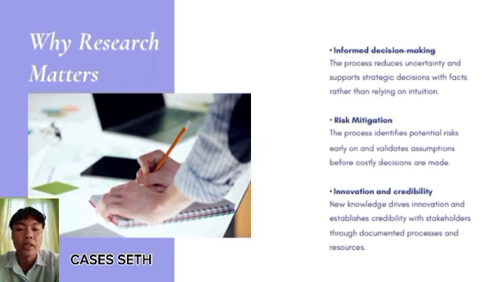For the first bullet, we have informed decision making. This process reduces uncertainty and supports strategic decisions with fact rather than relying on intuition. And for risk mitigation, this process identifies potential risks and validates assumptions before costly decisions are made.